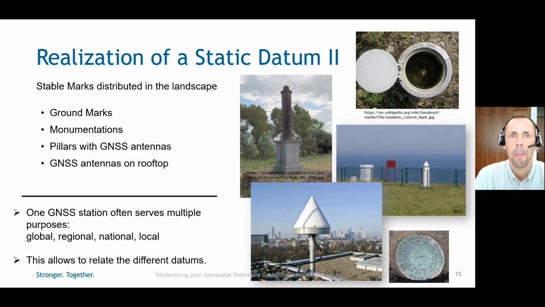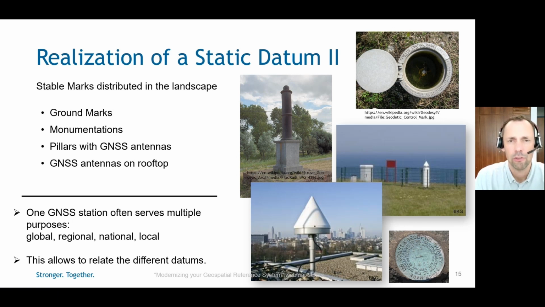To realize the static datum, stable markers distributed in the landscape are needed. This can be ground marks, like on the top right picture, classical monumentation, like on the top left picture, pillars on ground with GNSS antenna or GNSS antennas placed on rooftops, or just a small marker on the ground like in the bottom right picture.